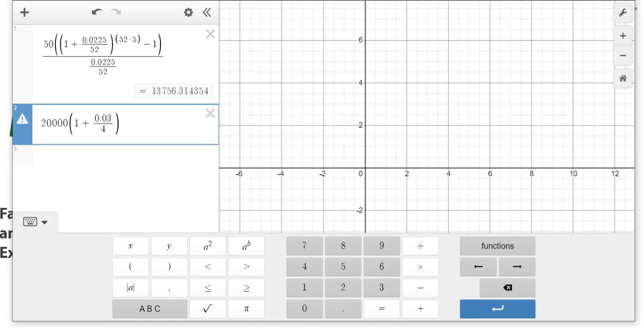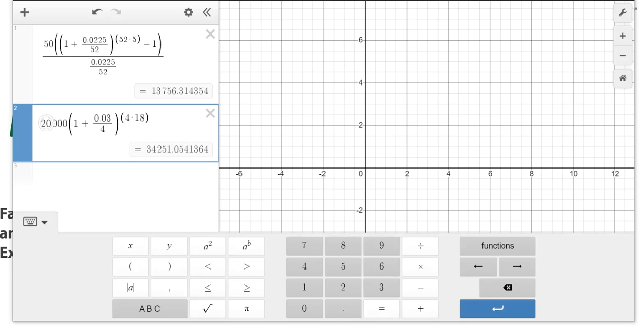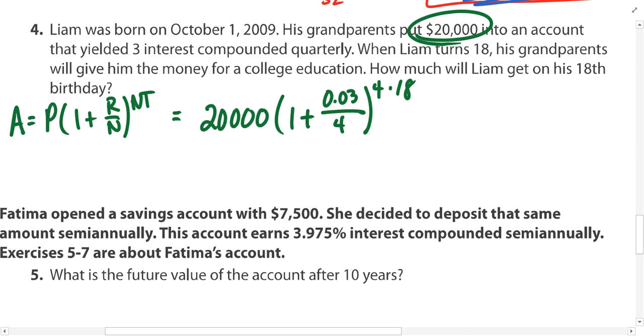To the power of 4 times 18, since we're walking away from this for 18 years. And it looks like the $20,000 that was set aside for Liam has turned into $34,251 and 5 cents.